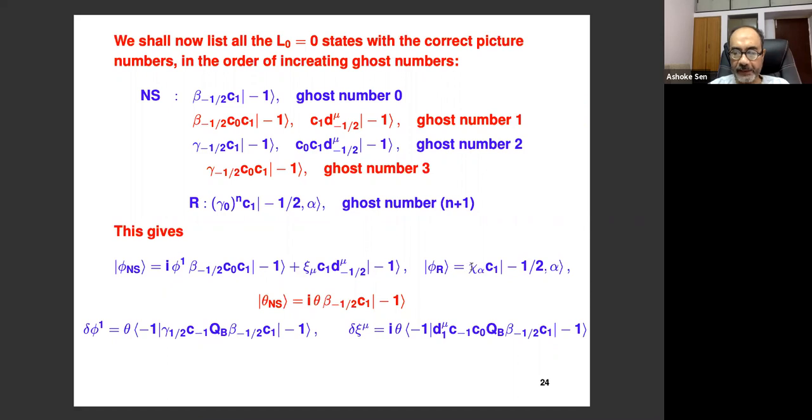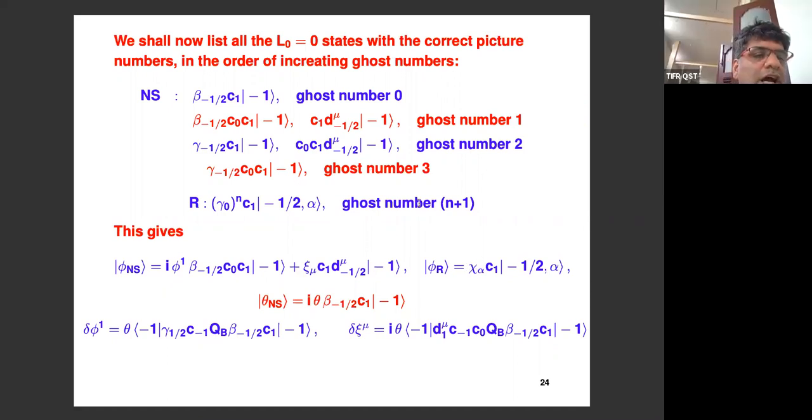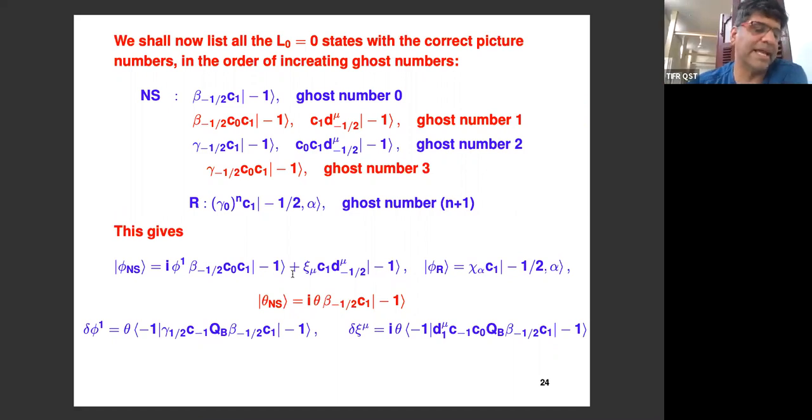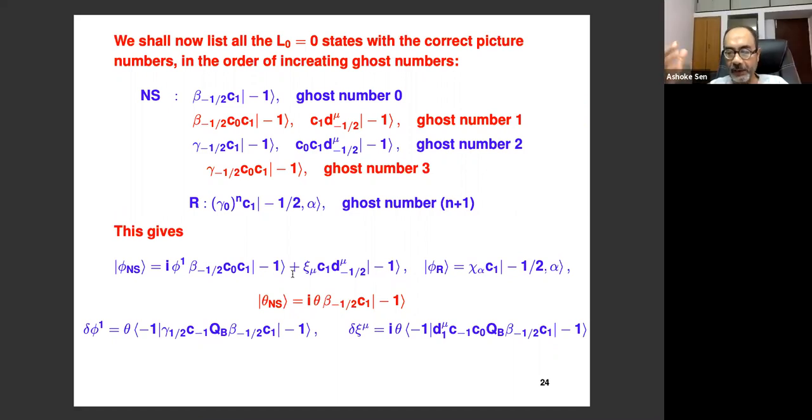Similarly, in the Ramond sector, we have only... Sorry, Ashok, the state -1, the one thing you're acting with your betas and C's on, that's a state that's annihilated by what, B0 or something like that? Yeah, it's annihilated by B0. The -1 state by definition is e to the minus phi on 0 at 0 acting on the vacuum. That's why I defined the Q vacuum, e to the Q phi at 0 acting on the vacuum.